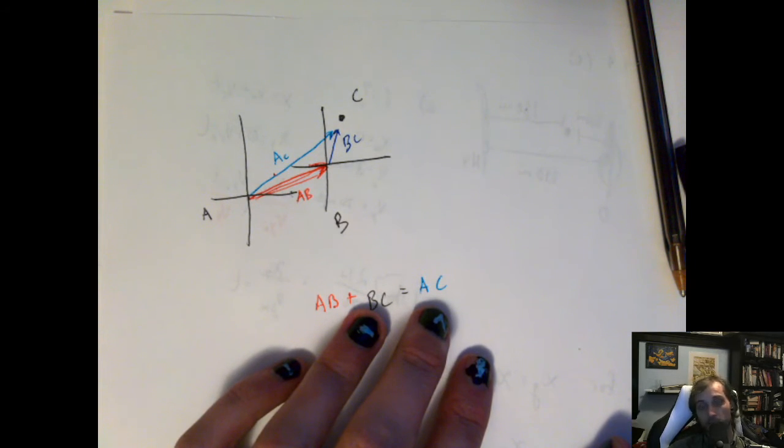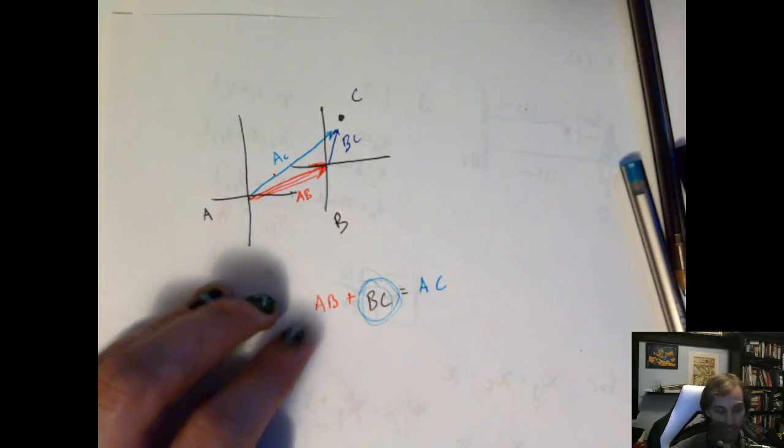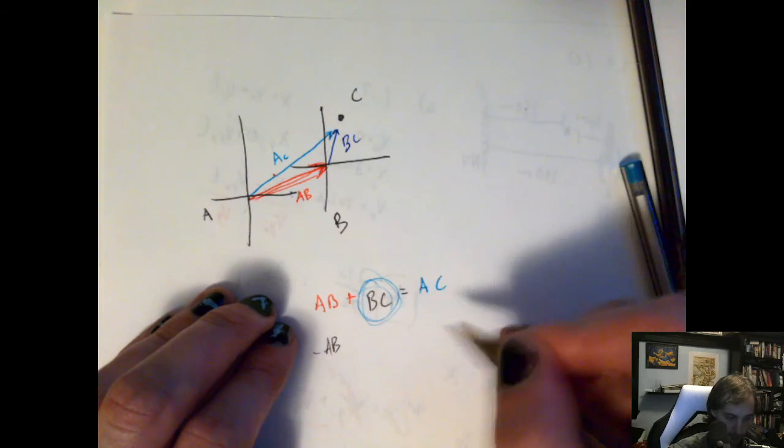Now this isn't particularly useful as is, because normally the shift you'll want is this one. So most of the time what you'll want to do is also subtract off AB.